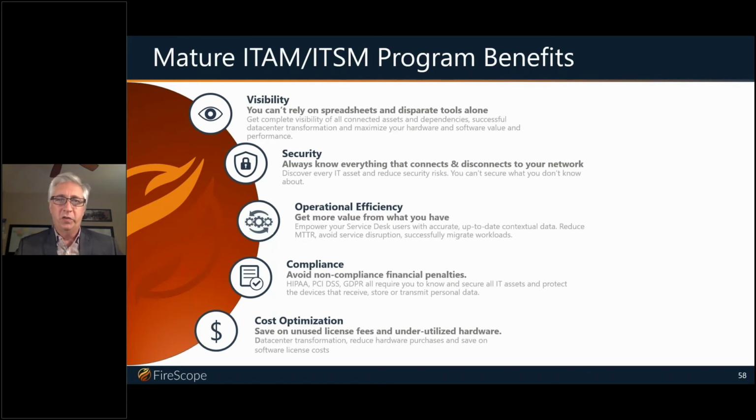Overall efficiency, your support teams, right? They'll have more contextual business impacting and dependency data so they can identify the root cause and improve that service delivery. And think about this, your self-service portals can provide a more personalized service, right? Improving that customer satisfaction and overall productivity.